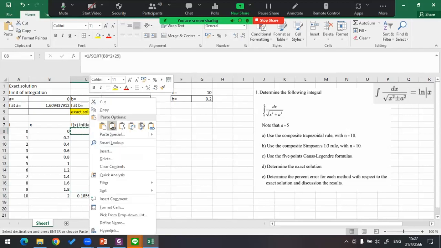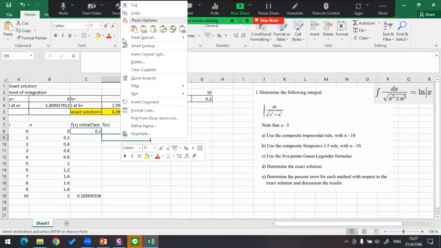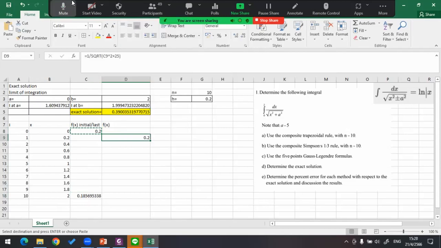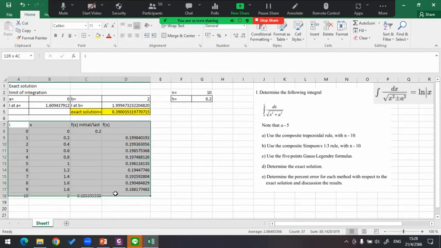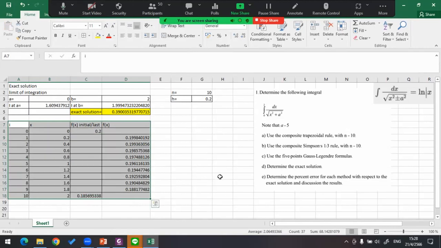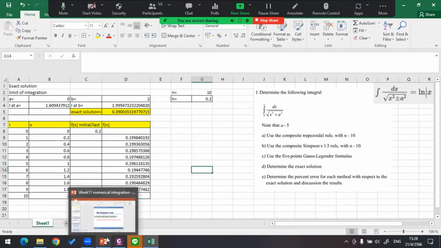Okay, we do the same thing for another point. We determine for each point. We obtain this result. All right. Okay. And the trapezoidal rule is what?